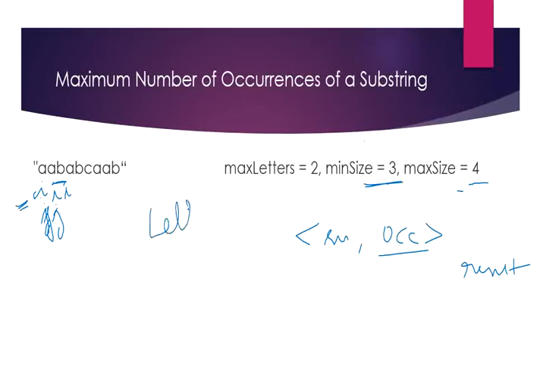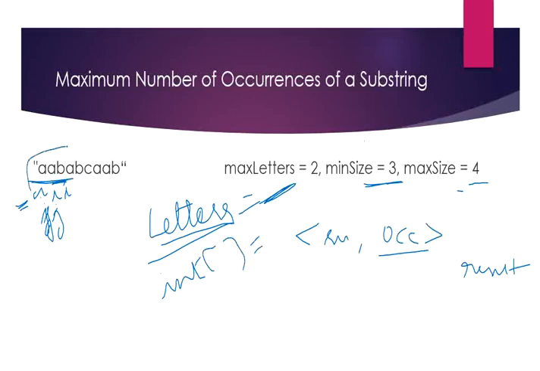One is the integer value letters, which is going to count the number of letters in that particular substring to check whether it satisfies the max letters condition or not. And to help counting these letters, we're going to have an integer array count, which helps to count the number of characters in that substring. So let's go for a dry run of this algorithm using this example and see how we can code it.